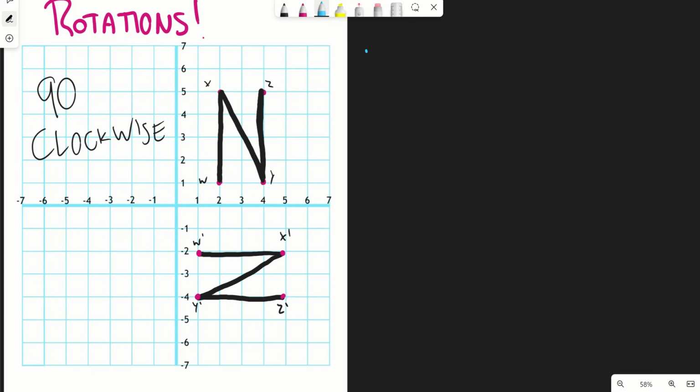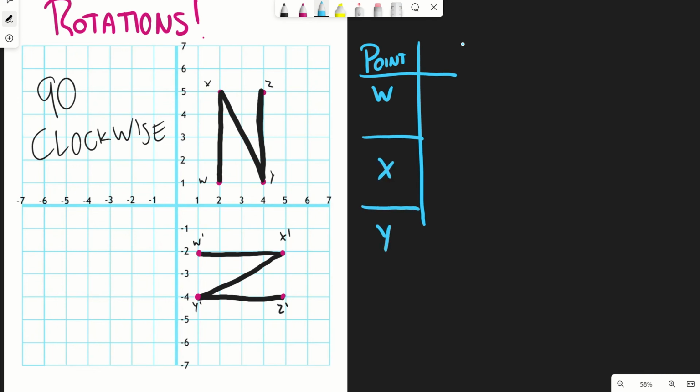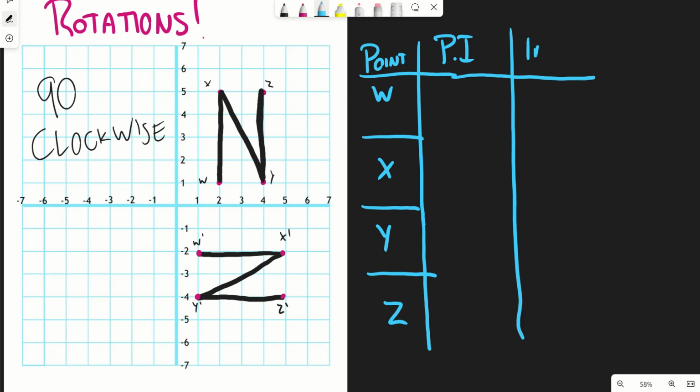So we're going to say point W, X, Y, Z. Here is my pre-image, and here is my image.